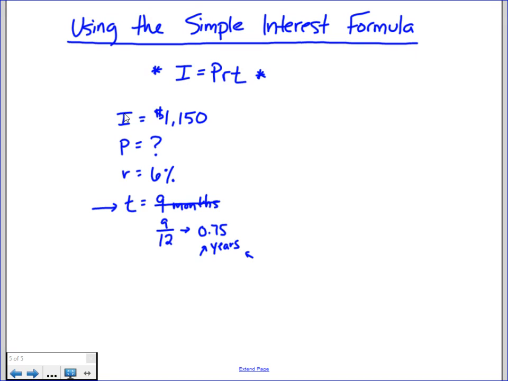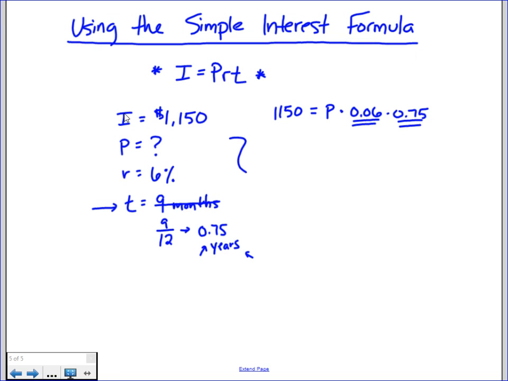Okay, so again, if we remember the formula, it says that 1,150, I equals PRT, equals P times R times T. So again, we're going to do the same thing, just like last time. Basically, I'm going to multiply these two things together, and I'm going to divide my interest by that number.